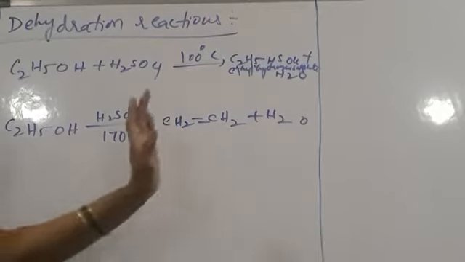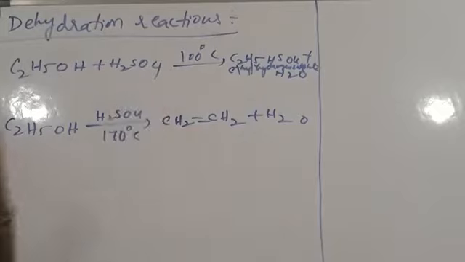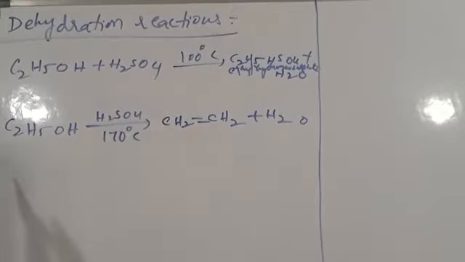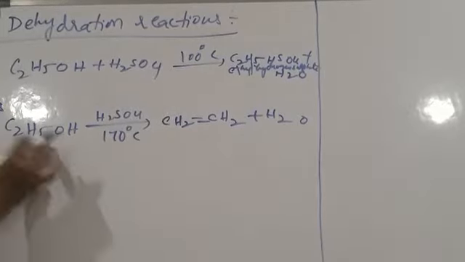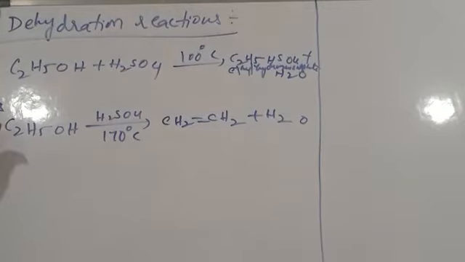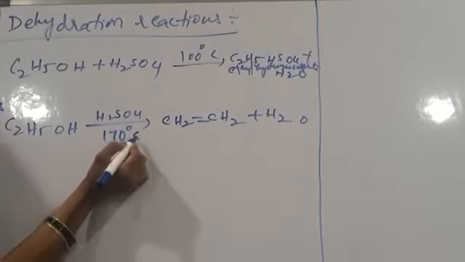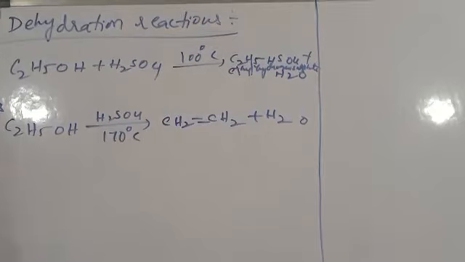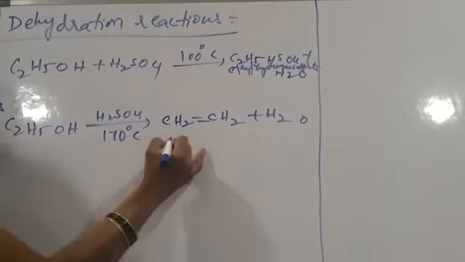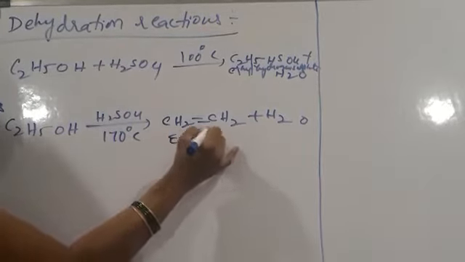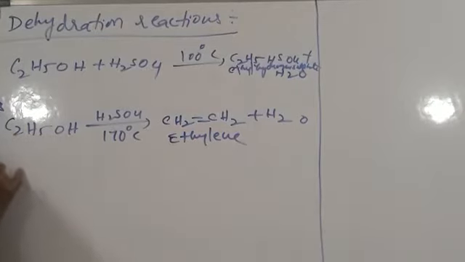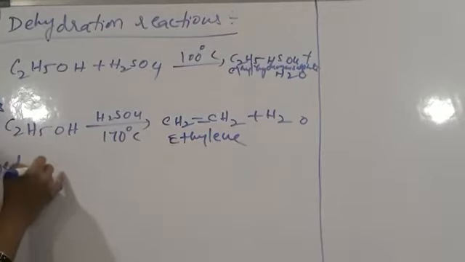Dehydration means removal of H2O, we get ethylene. This is an important reaction, dehydration of alcohols. So, the mechanism involved in this reaction: ethyl alcohol on dehydration at 170 degrees centigrade in presence of concentrated sulfuric acid forms ethylene.